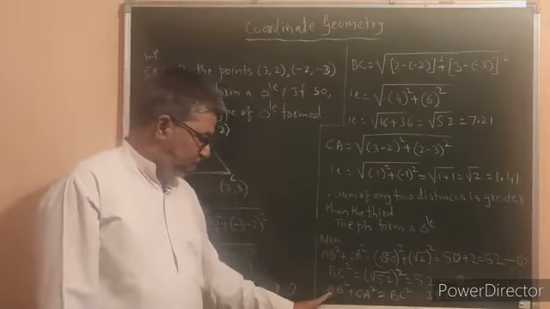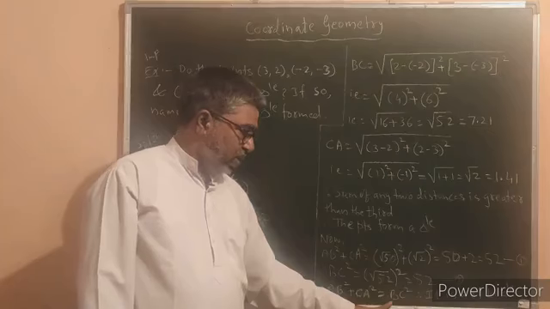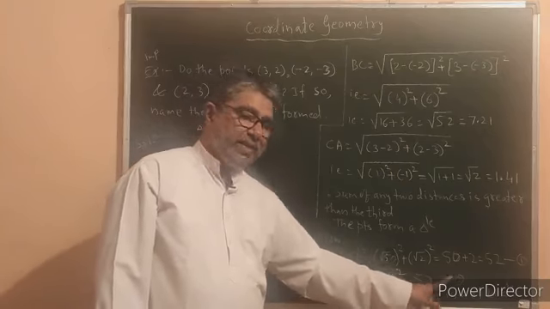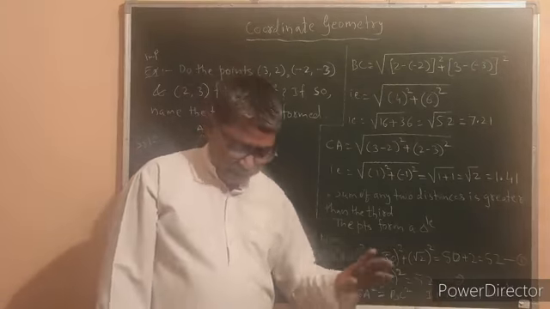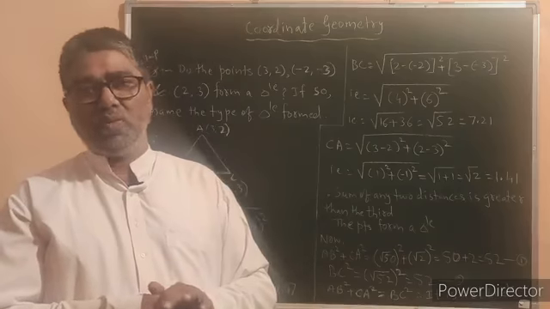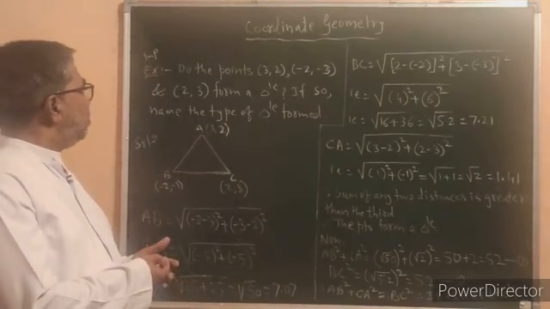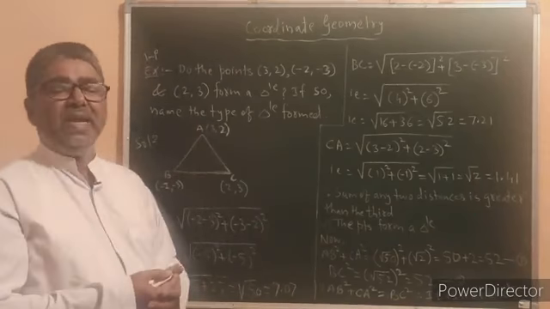So in this way, since AB square plus CA square is equal to BC square, therefore the triangle is a right angle triangle. So dear students, this is a very important example from the point of view of your examination. You practice it. So this is the solution for this particular example.